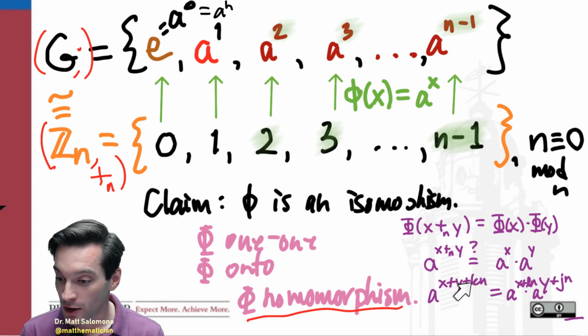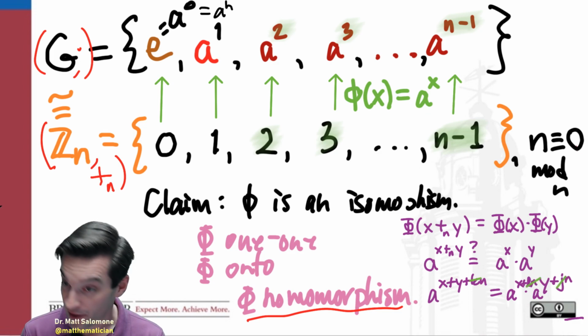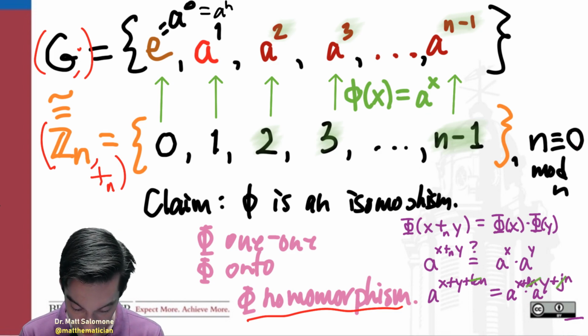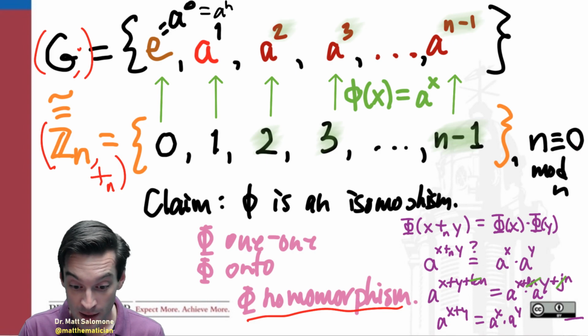And so all of these arbitrary multiple powers of n are just going to equal the identity element, and therefore we can neglect them completely because they just cancel out on both sides. And it's easy to persuade ourselves just by the general properties of exponents that the equation a to the x plus y is equal to a to the x times a to the y proves our homomorphism property for us.